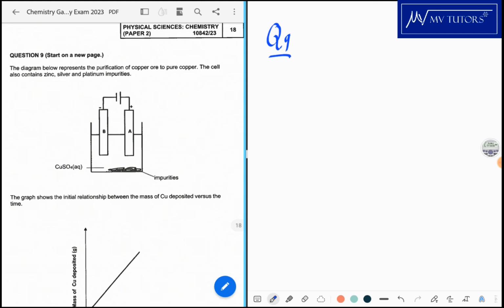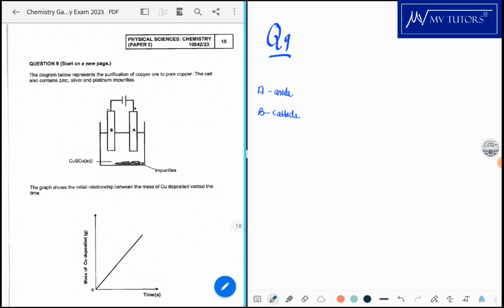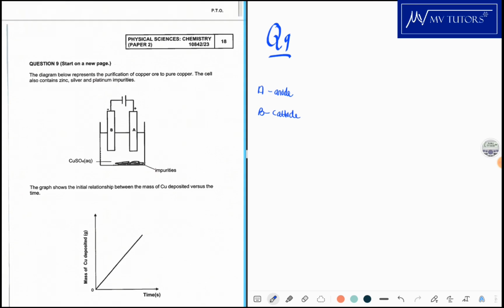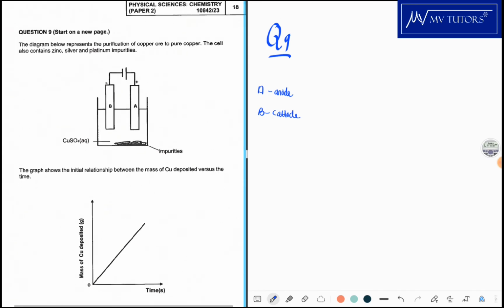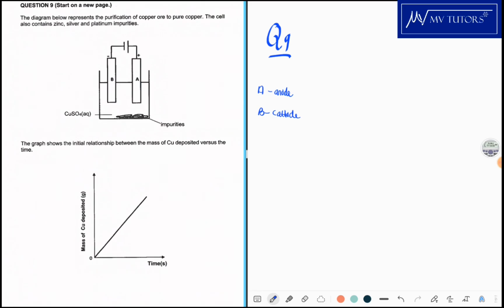So we can say or conclude that A is our anode and B is our cathode. Okay, at the anode, that is where oxidation occurs. At the cathode, that is where reduction occurs. Okay, so the graph shows the initial relationship between the mass of copper deposited versus time. So it's quite a linear relationship, okay, and it is directly proportional. So with time, you get more copper that is deposited.